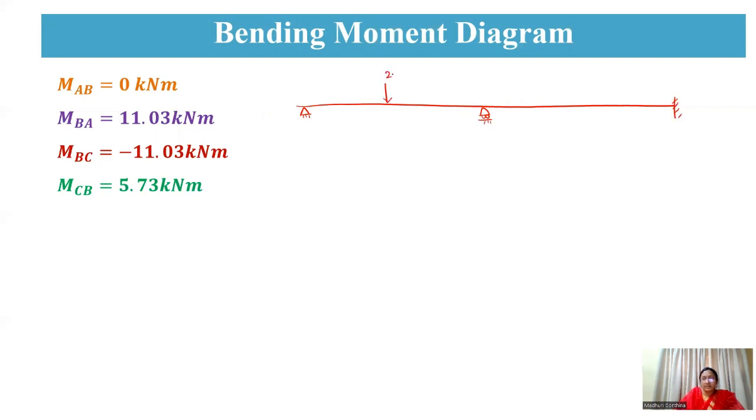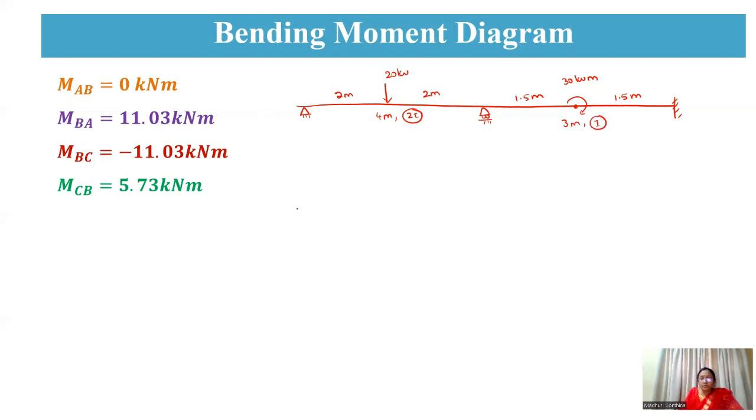And here you are having an external load of 20 kilonewton. And here you are having a moment of 30 kilonewton meter. And this is 2 meters, 2 meters, 4 meters of 2I moment of inertia. And this is 1.5 meter and 1.5 meter, and this is 3 meters of I moment of inertia.